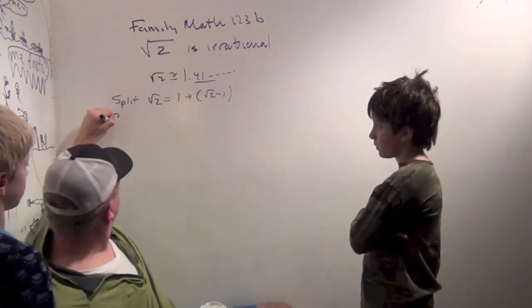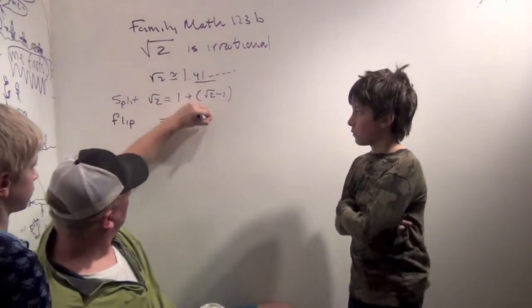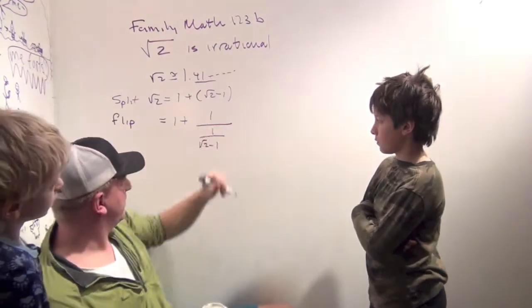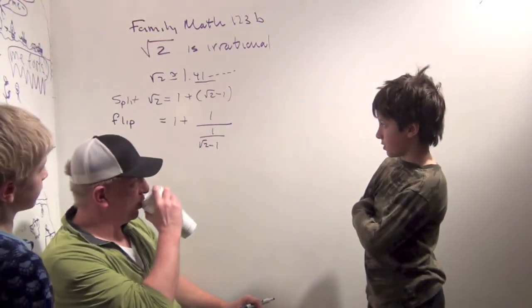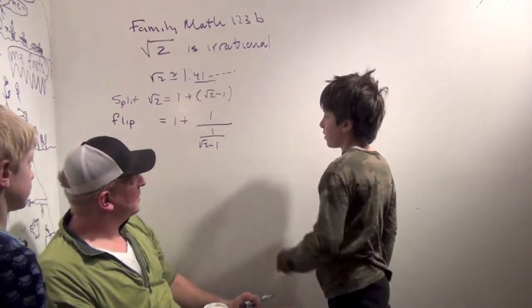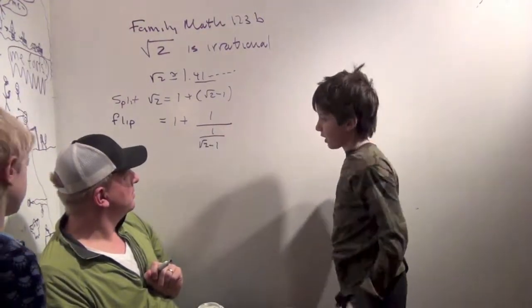Now we flip. So we say this equals 1 plus 1 over the square root of 2 minus 1. Does that look kind of strange? Well, we can do this because it's the reciprocal of this. Dividing by a reciprocal is the same as multiplying by the actual number.